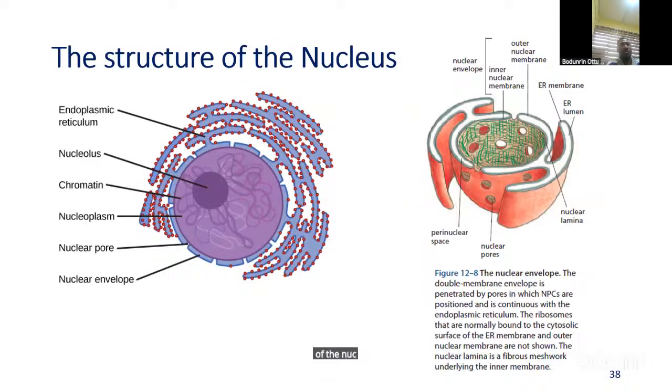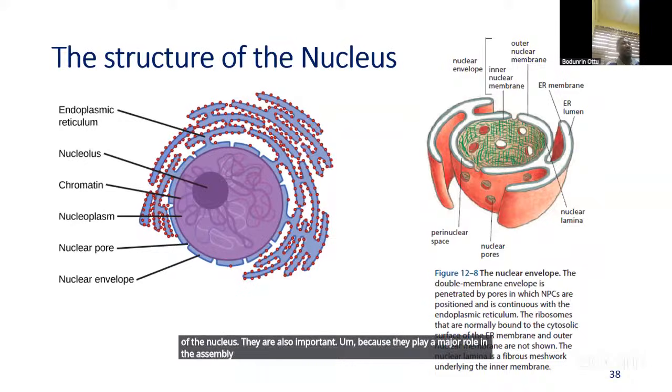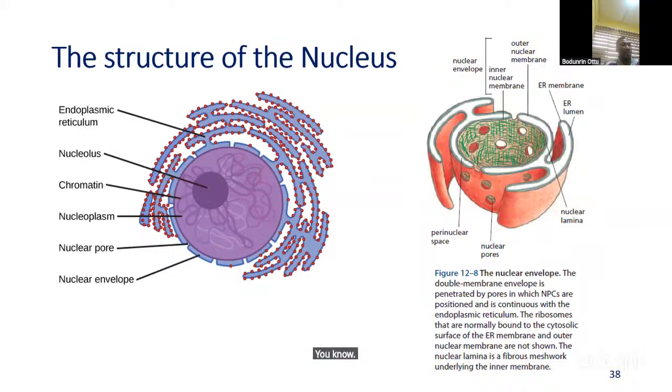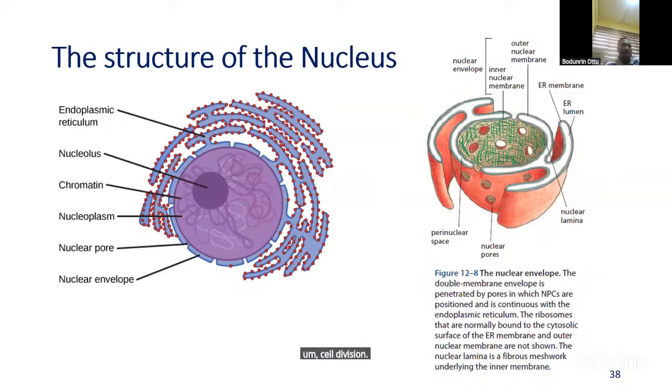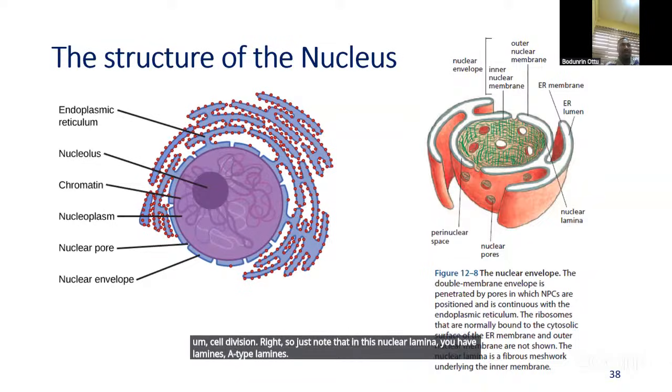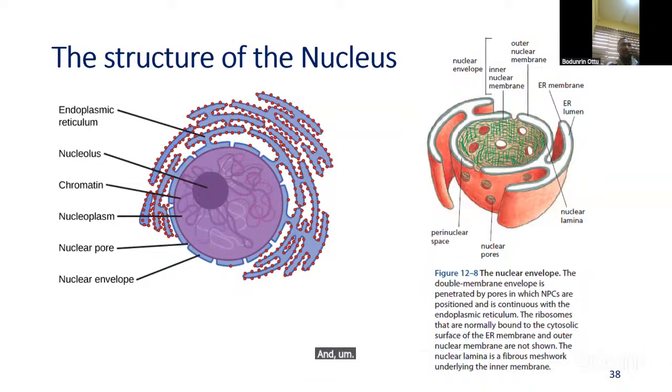They are also important because they play a major role in the assembly and disassembly before and after mitosis. So they are really involved in mitotic cell division. Right. So just note that in this nuclear lamina, you have A-type lamins and B-type lamins.